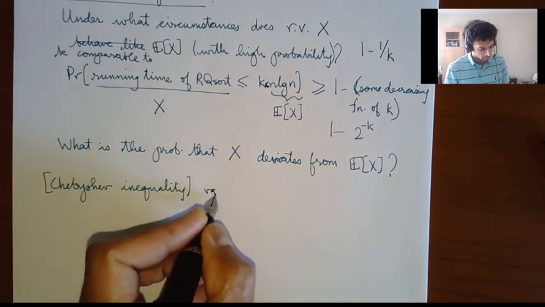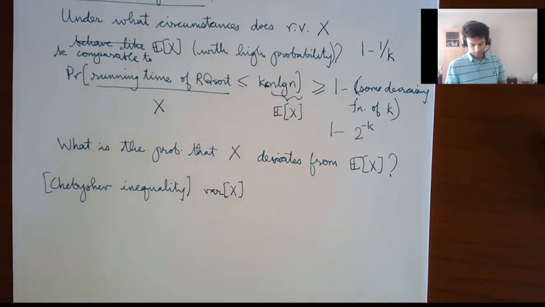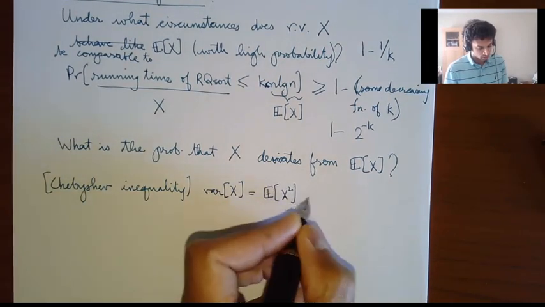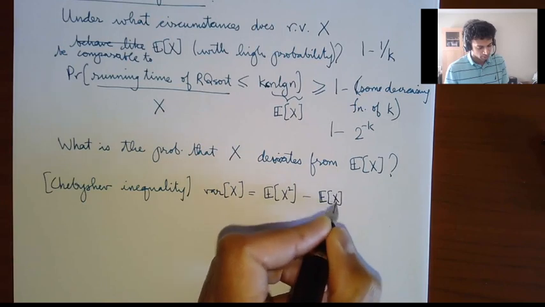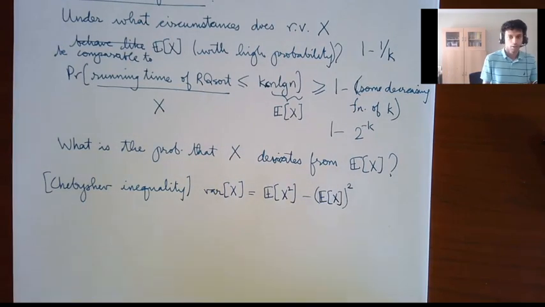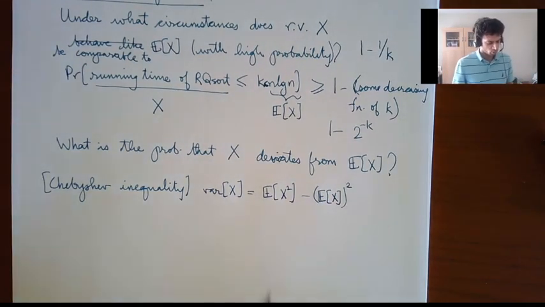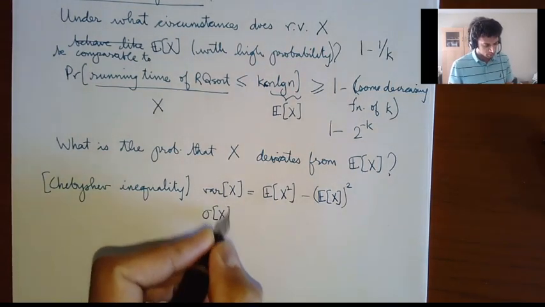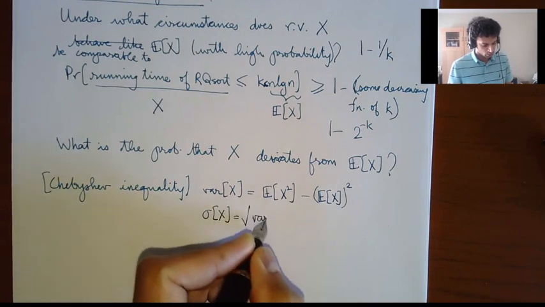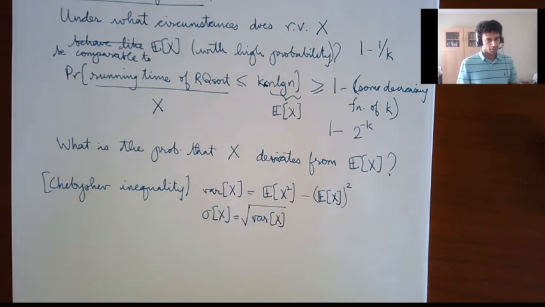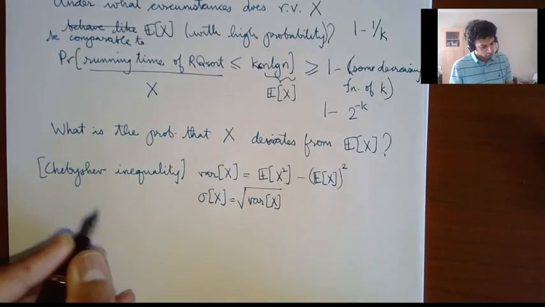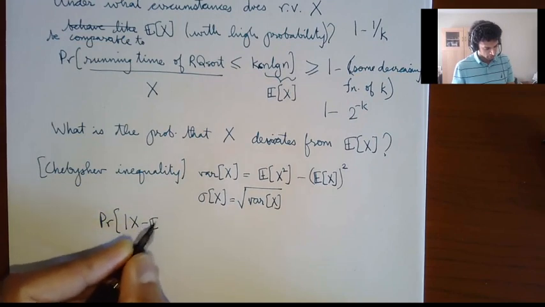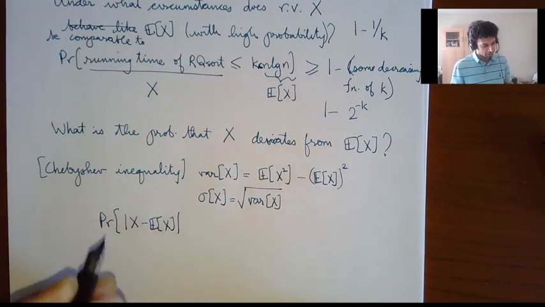You need to bound the variance of X. The variance is the expectation of X squared minus the expectation of X, whole squared. An application of Jensen's inequality tells you that this is always non-negative. The standard deviation of X is the square root of the variance. What Chebyshev's inequality says is the probability, so I'm going to write this down now, the probability, so this is your deviation.